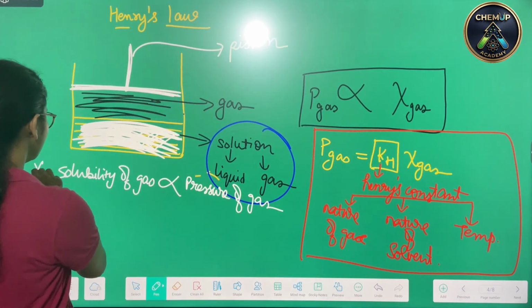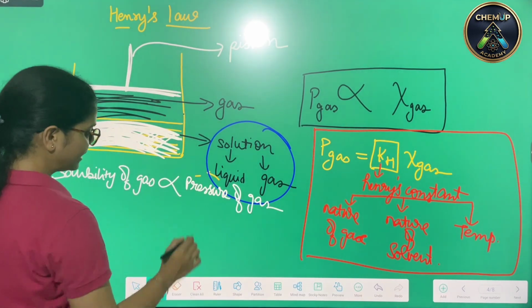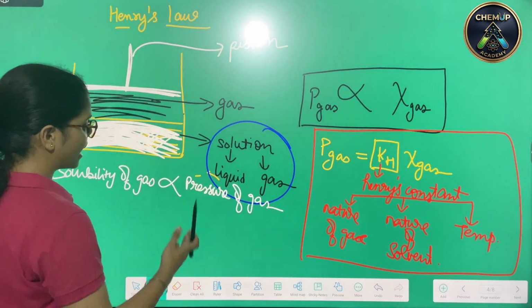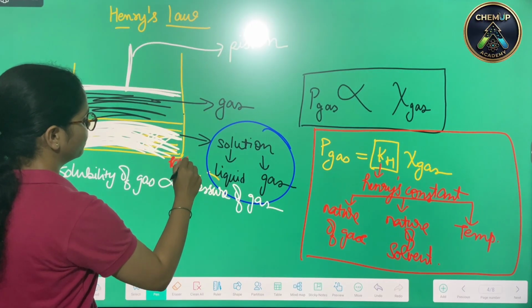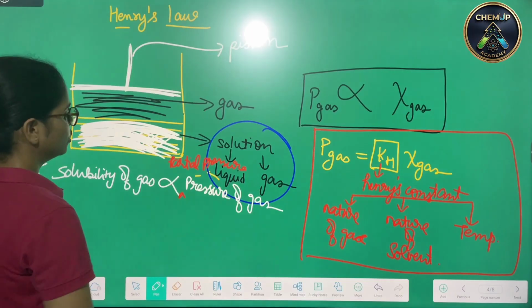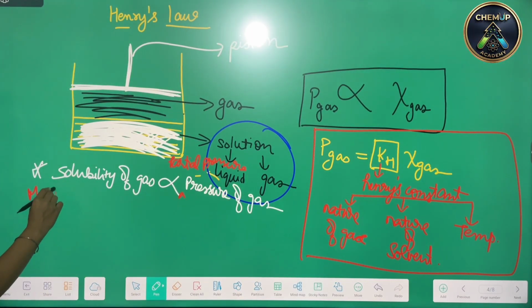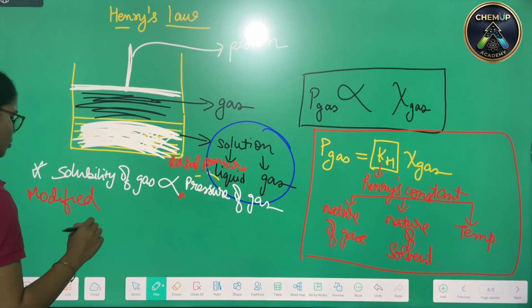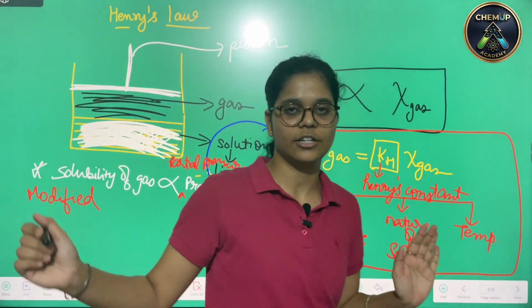This was the original, but later on it was modified and another term was added, that means the partial pressure. So this is the modified version of Henry's law.